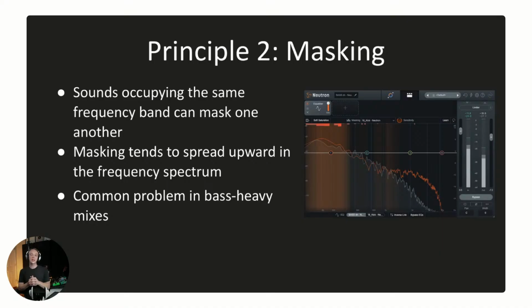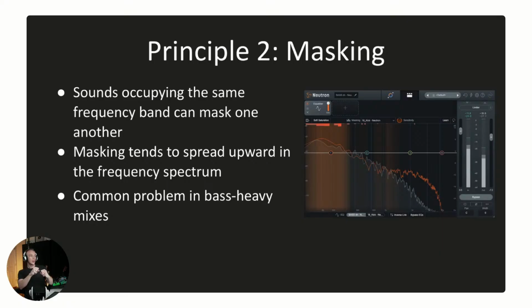You can definitely have phase interference when two sounds interact, but masking is actually a psychoacoustic phenomenon. And we know that sounds occupying the same frequency space, such as a kick drum and a bass guitar or an electric bass, can interact.